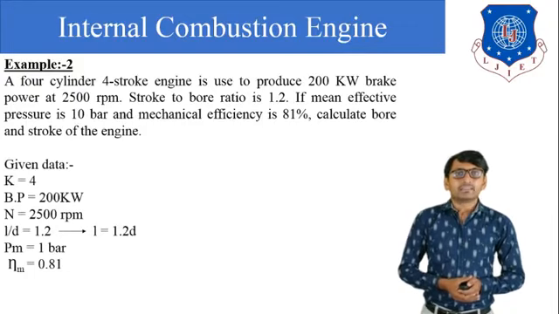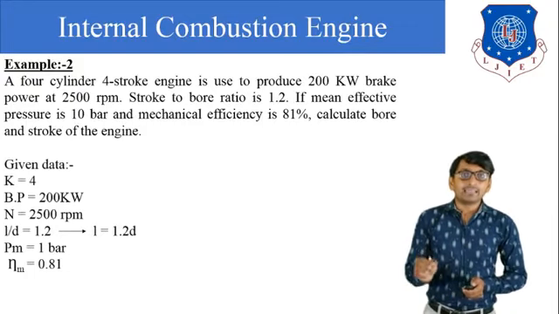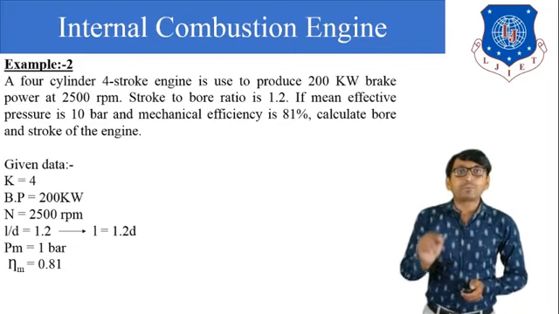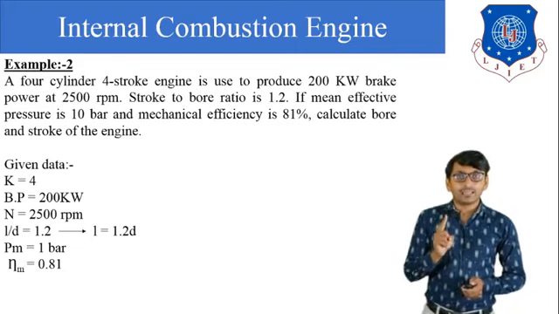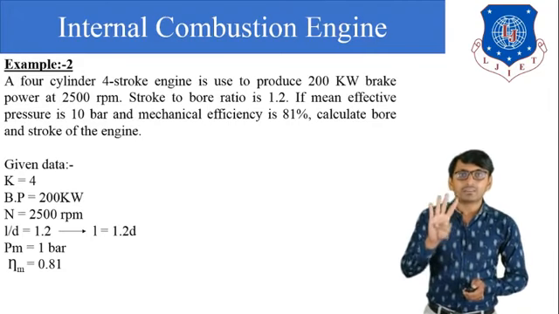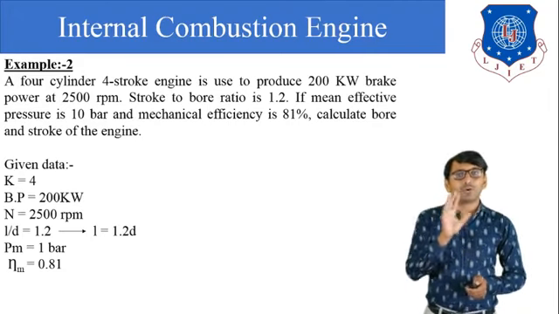Now there is given data K is equal to 4. What do you mean by K? Number of cylinder. So K is equal to number of cylinder. In this example, there is a 4-cylinder, so K is equal to 4.